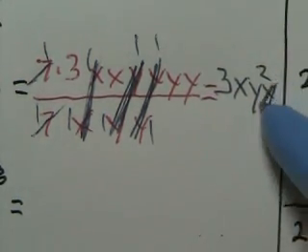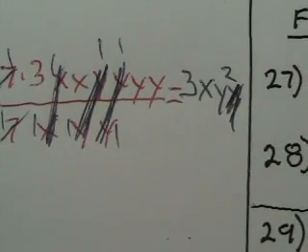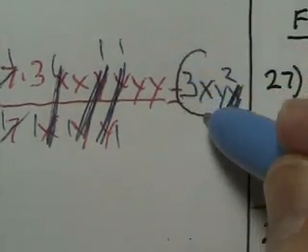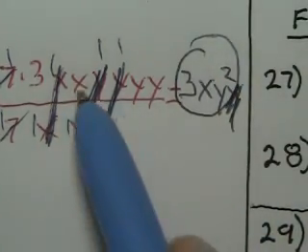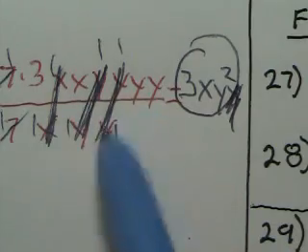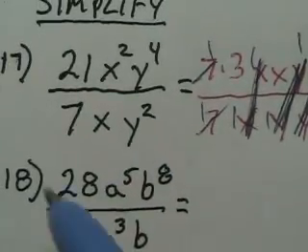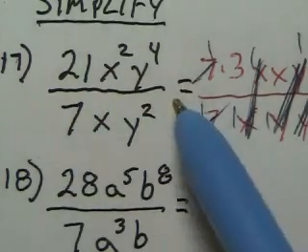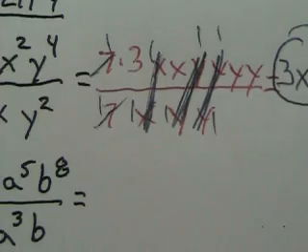I can just say y squared. So basically we have 3xy squared. And hopefully you could see that without me having to write that all out, factor it all out. But if you cannot do it by observing it, looking at it mentally, then you need to go ahead and factor it out.